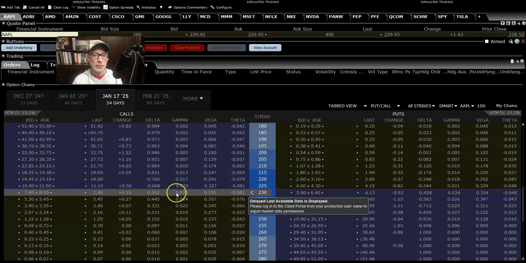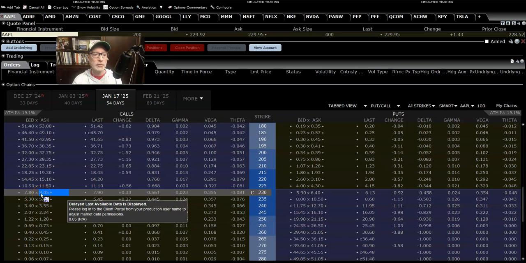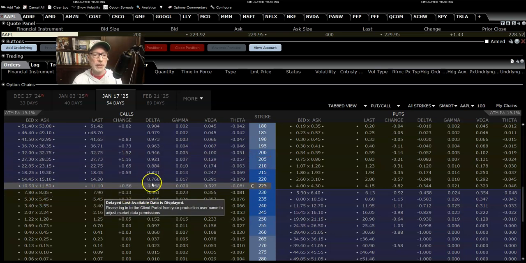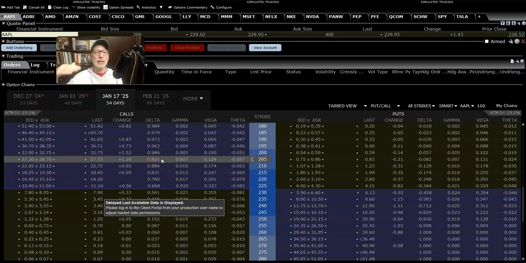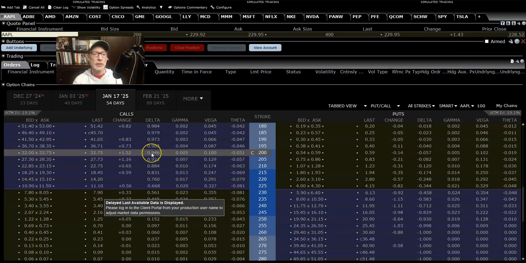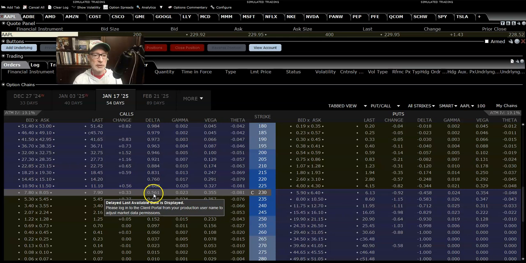Whereas the 230 call will cost you $800. But you're getting the difference in the delta. You're going from a 56% delta to a 95% delta. That means if Apple goes up by $1, this option value here is going up by about 95% of that versus 56% of that. So you have to decide, how much movement do you want to get out of your option? You want a lot of movement, like a 95% movement, or do you want just mid-range, 50%?